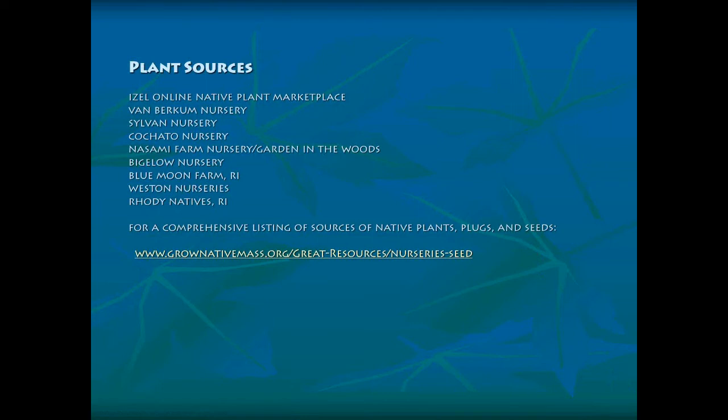Okay. Can you explain the difference between native and Japanese Andromeda? Yes. Japanese Andromeda is a very commonly planted, nice evergreen with glossy leaves, and it blooms with these beautiful drooping white bells about now.